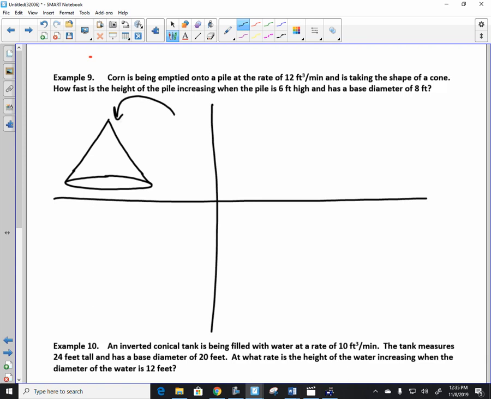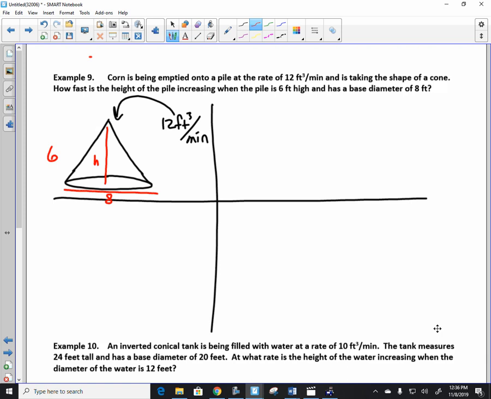It's being emptied at a rate of 12 cubic feet per minute. What type of measurement is that? Volume. Yeah. And it's taking the shape of a cone. How fast is the height of the pile increasing when the pile is 6 feet high and has a base diameter of 8?